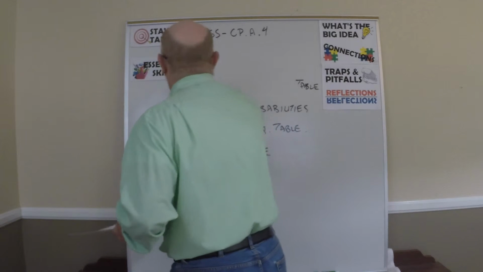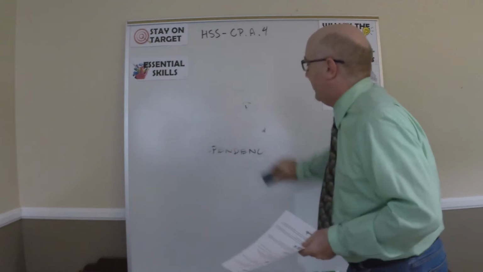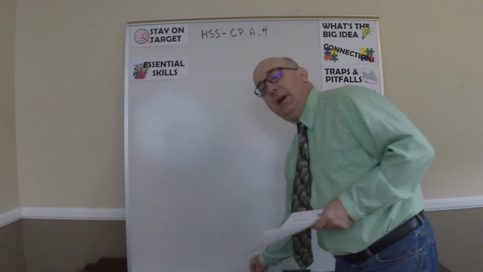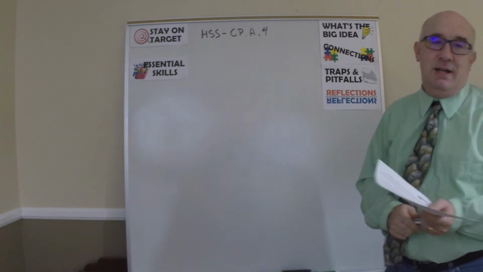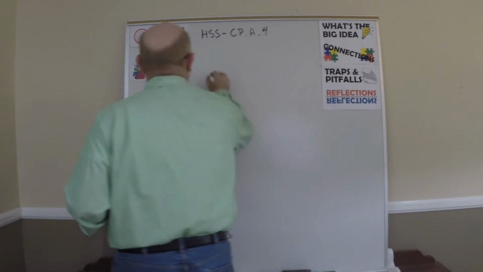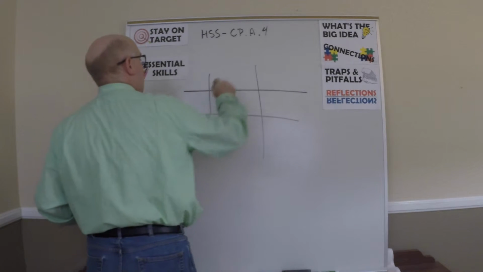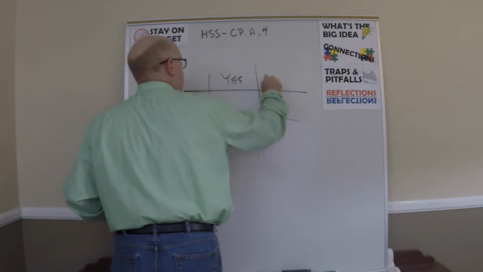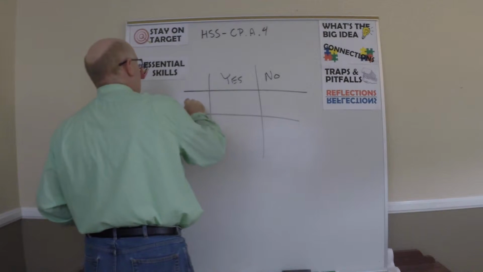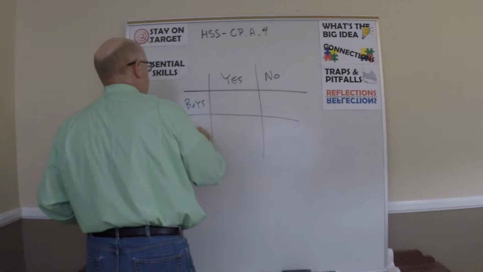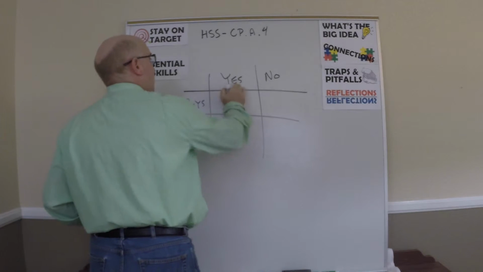The one area, I guess, in terms of traps and pitfalls that just comes to mind quite quickly is the idea that when you have a two-way table, and I will just create some things, those that said yes, those that said no, boys, girls. Actually, yes, no may not work.